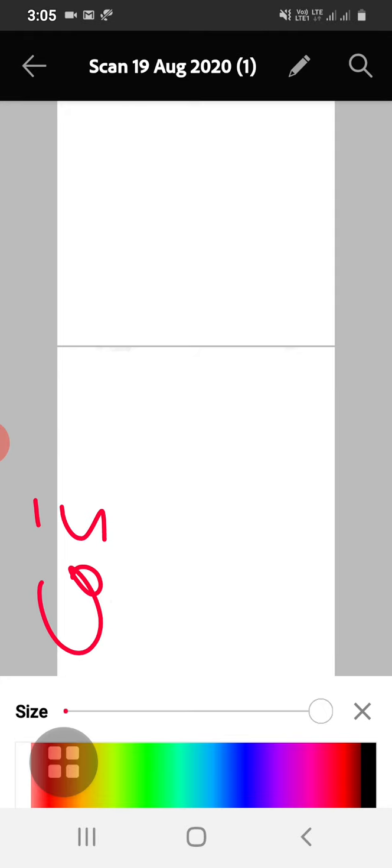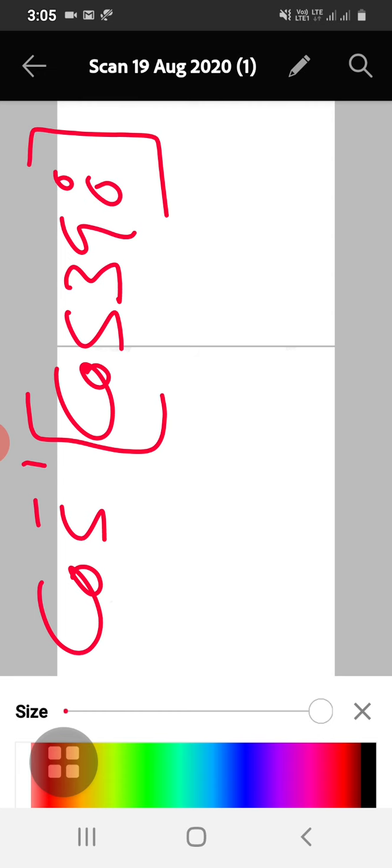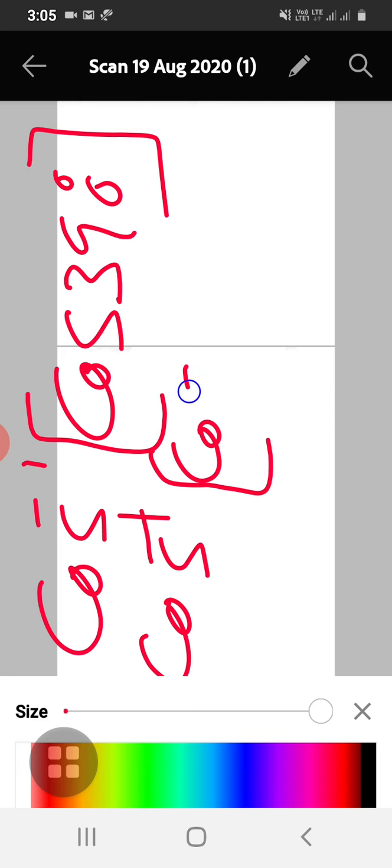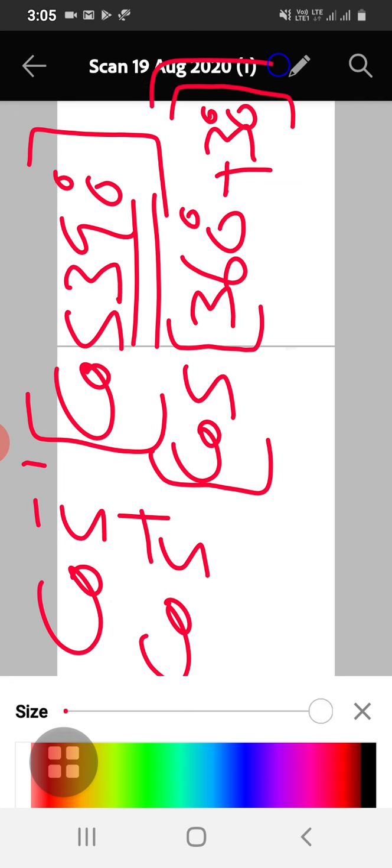Consider cos inverse of 390 degree. You can do it in radian measure also, but I am writing in degree measure. See, cos of 390. So 390 degree, how can I write that? I can write that as 360 degree plus 30 degree.